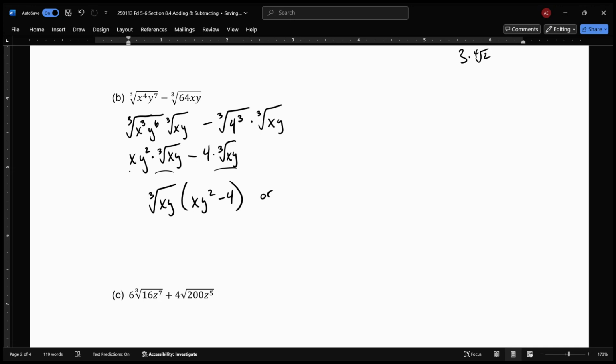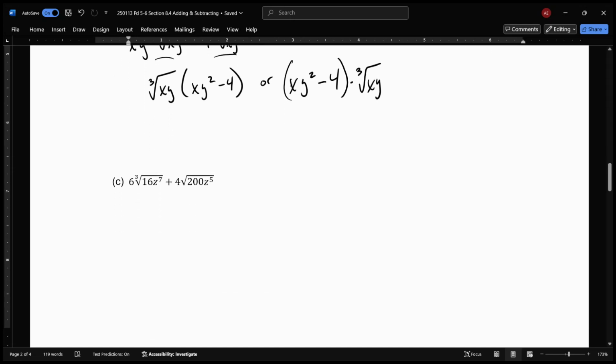The first coefficient is xy squared, and the second coefficient is that negative 4. I'm doing that subtraction, but that's my coefficient, and that's the sort of term. They're like terms. They're cubed root of xy terms. So one way or the other, either factoring or forcing that subtraction between these odd coefficients.